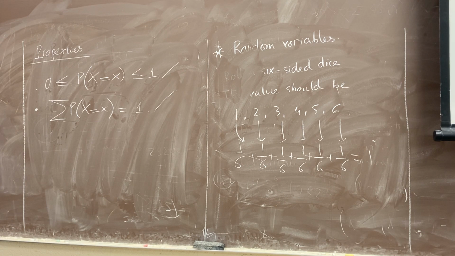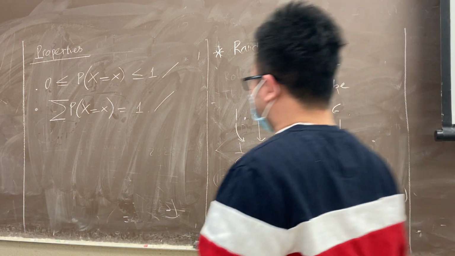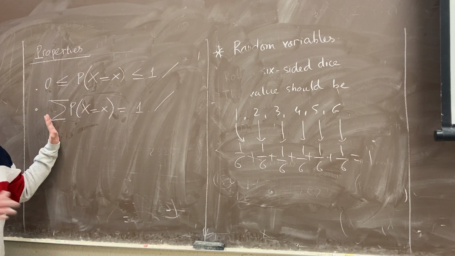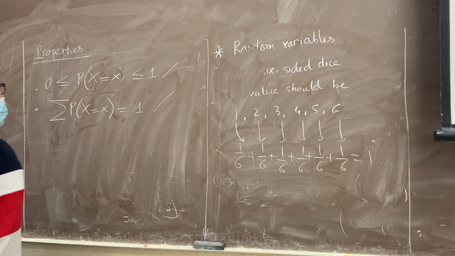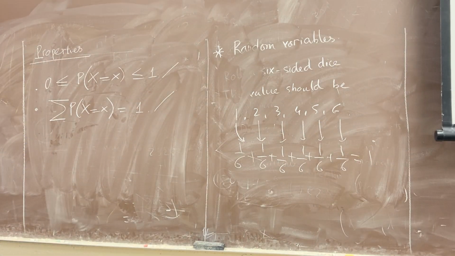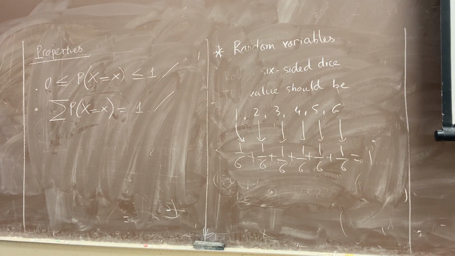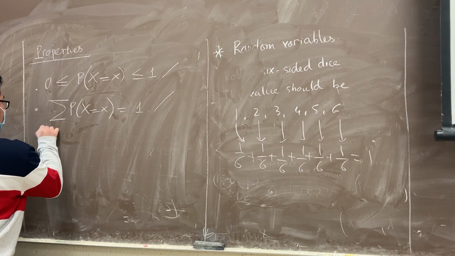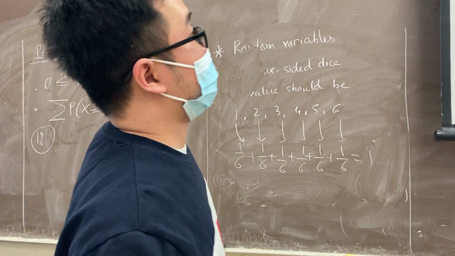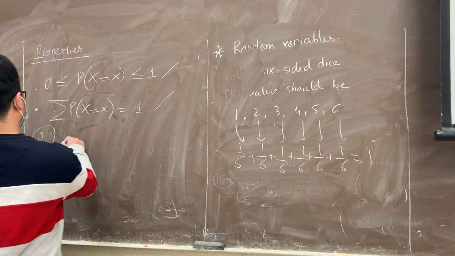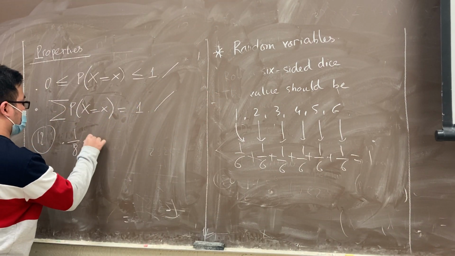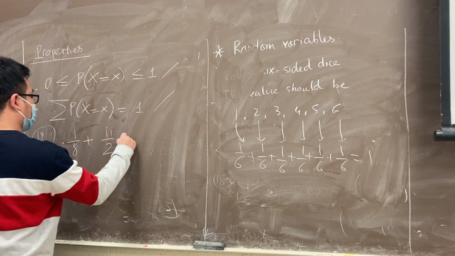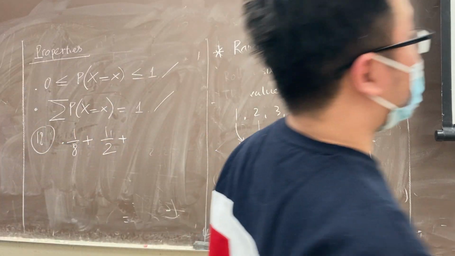Okay, that's fine. Now we will check the second property. The second property says that the sum of all probabilities should be 1. So we need to add these up: 1 over 8 plus 1 over 2 plus 3 over 8.